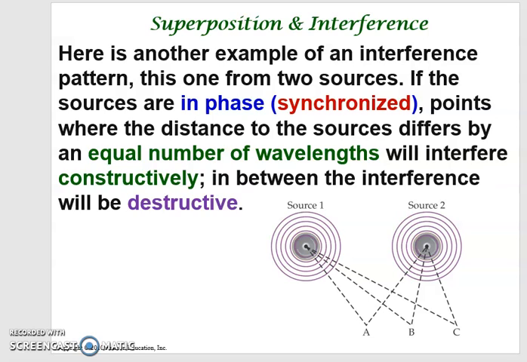When we say the sources are in phase, what we mean is that no matter whether you are at point A, B, or C, the waves received at all the points always meet crest to crest. This means the points are where the distances to the sources differ only by an equal number of wavelengths. So every time the two waves meet, no matter the amplitude, they are always in phase. The crests of the two waves are always overlapping, and the troughs of the two waves are always overlapping.